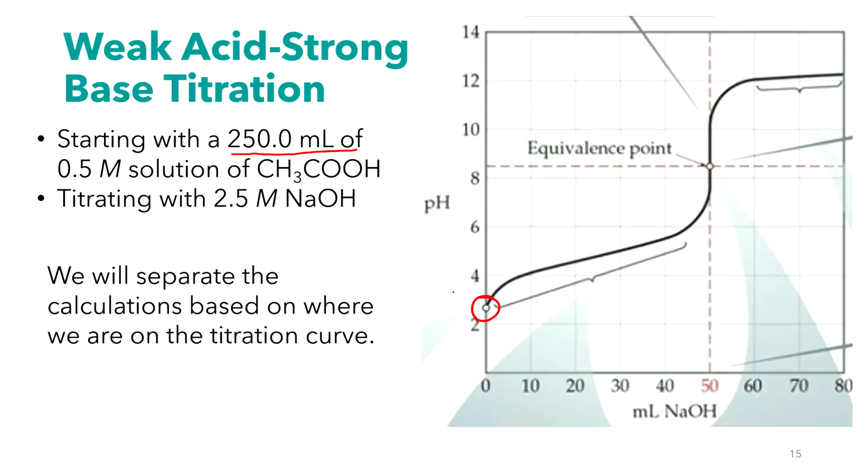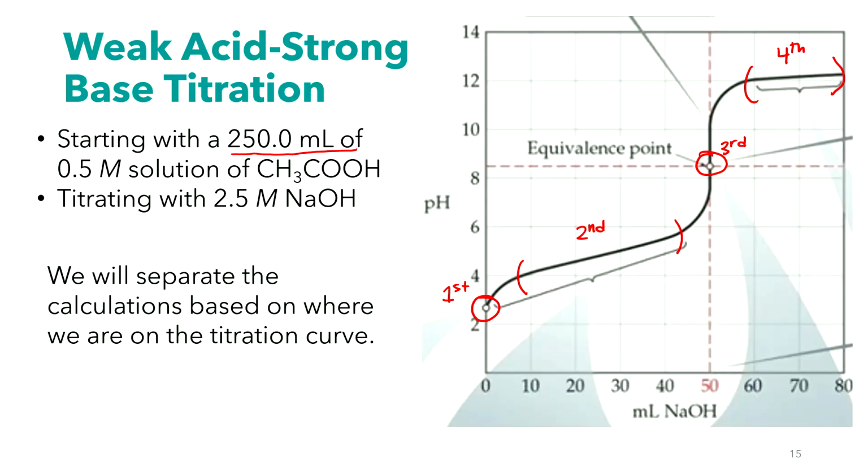So here's our first region, and then we're going to calculate at the equivalence point and then beyond. We're going to do calculations at each one of these points, and we're going to use separate approaches for each one. They're not all that different, but I think it helps to organize it this way.